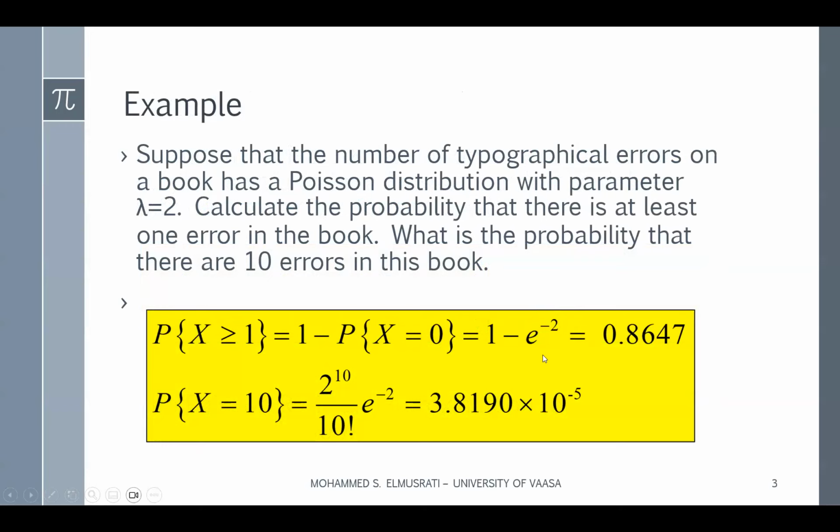So the probability that we will have at least one error is about 86%. And the probability that we will have exactly 10 errors will be 2 to the power 10, where 2 is lambda. So it is just direct substitution in the previous equation. But I will give more sense and more physical meaning for these calculations later.